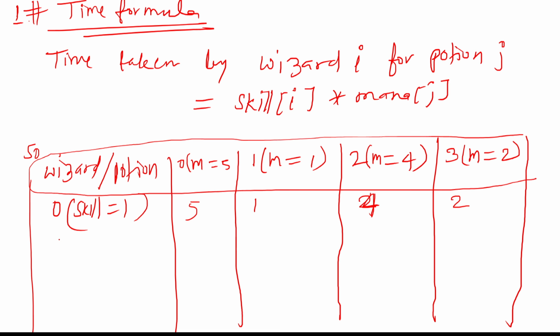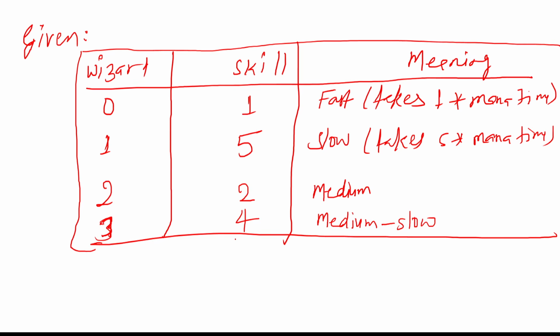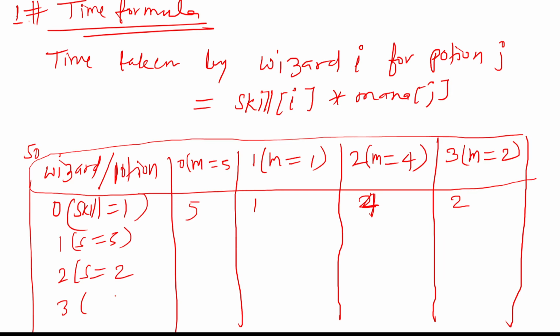Similarly, if this is 1, the skill is 5, then we have 2, skill is 2, and 3, what was there? 4. So s equal to 4. This is what we have given.